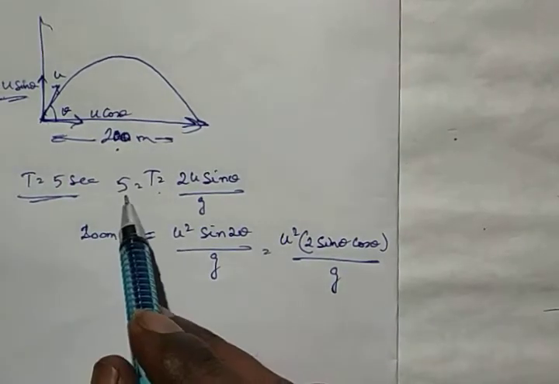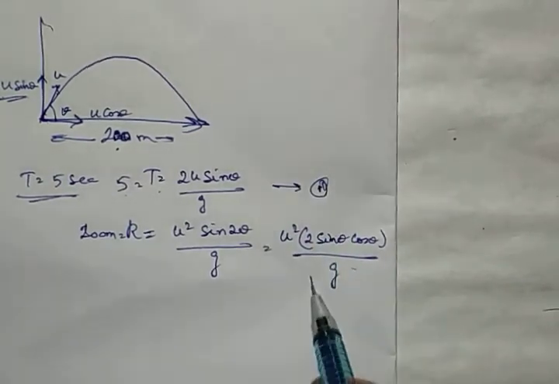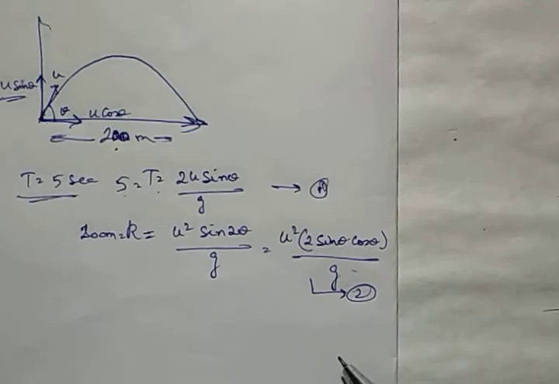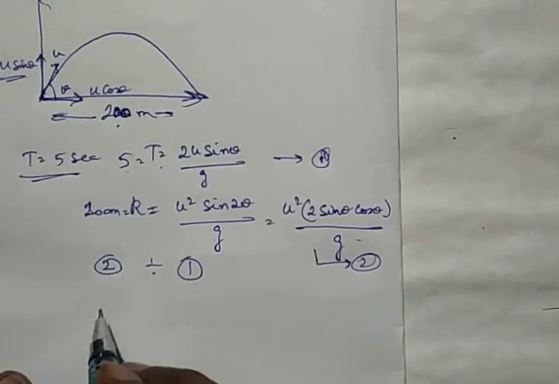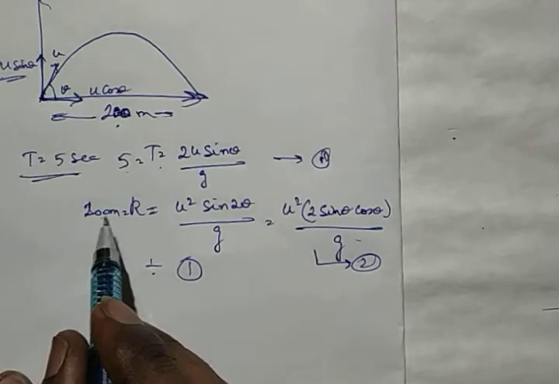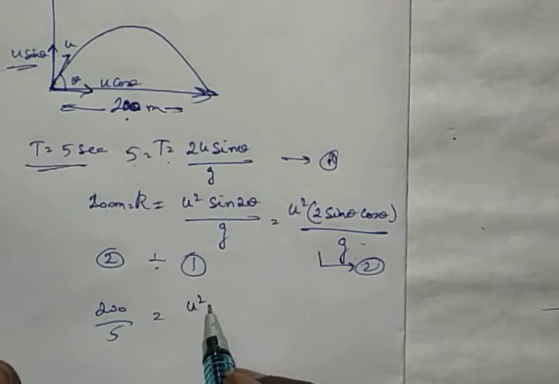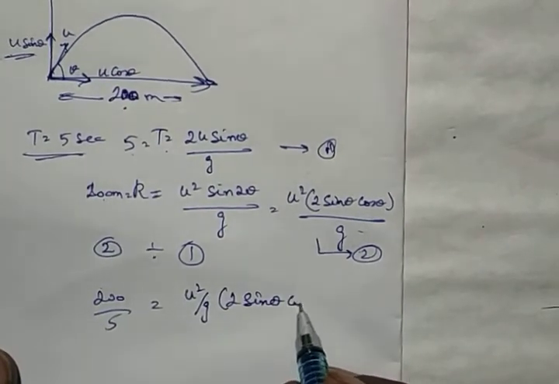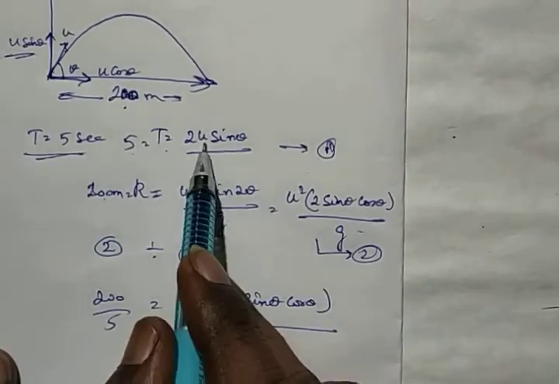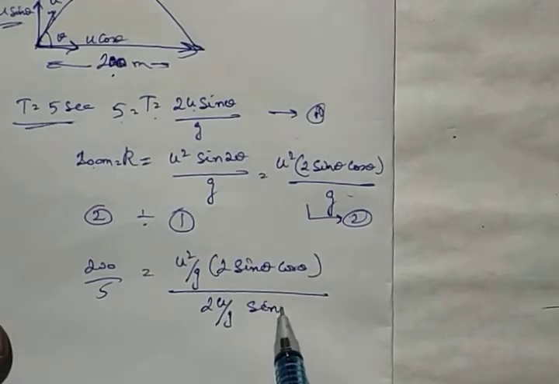Now you can divide both of them. You can divide equation number 2 by equation number 1, and get an answer out of that. So that will become quite easy for you. So 200 divided by 5. First of all, put this equation in the numerator, u square upon g into 2 sine theta cos theta, divided by, in this equation you need to put 2u upon g sine theta.